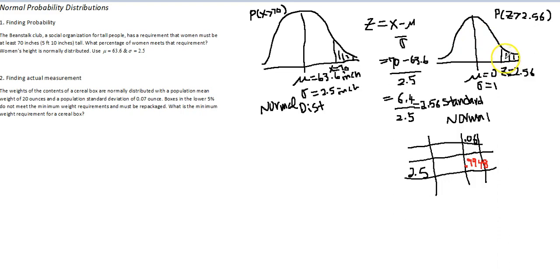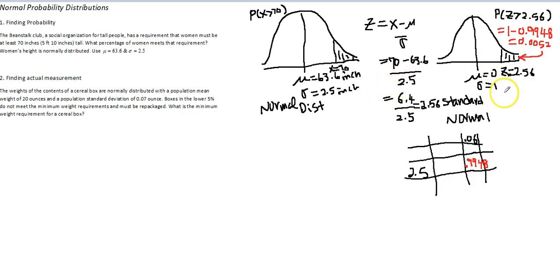So if you want to find the area to the right, you have to subtract that from 1. Okay, so you get 1 minus 0.9948, which is 0.0052, and that should be this shaded area here.